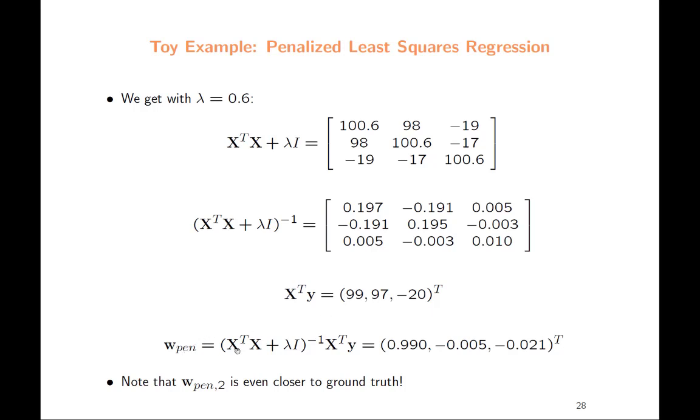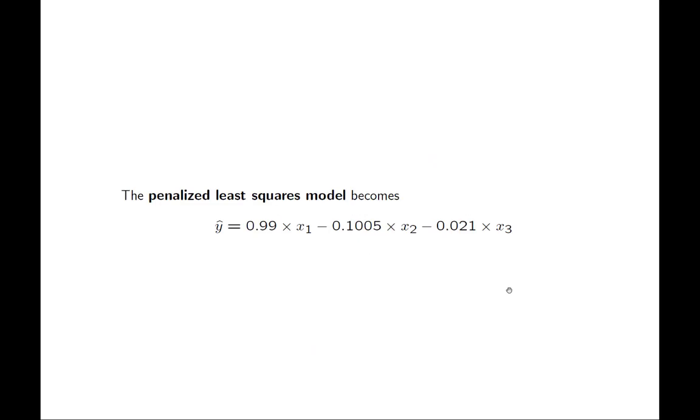And if we calculate the penalized solution, we see that the fits are even closer to the true parameters. So here you see the benefits of adding a penalty term. And the equation would be this: y hat equals 0.99 times x1 minus 0.1005 times x2 minus 0.021 times x3.